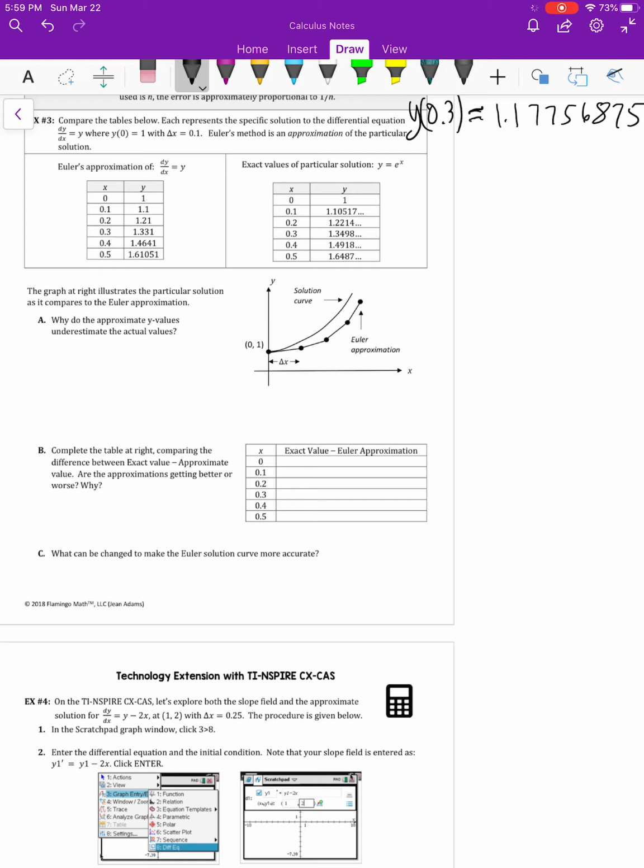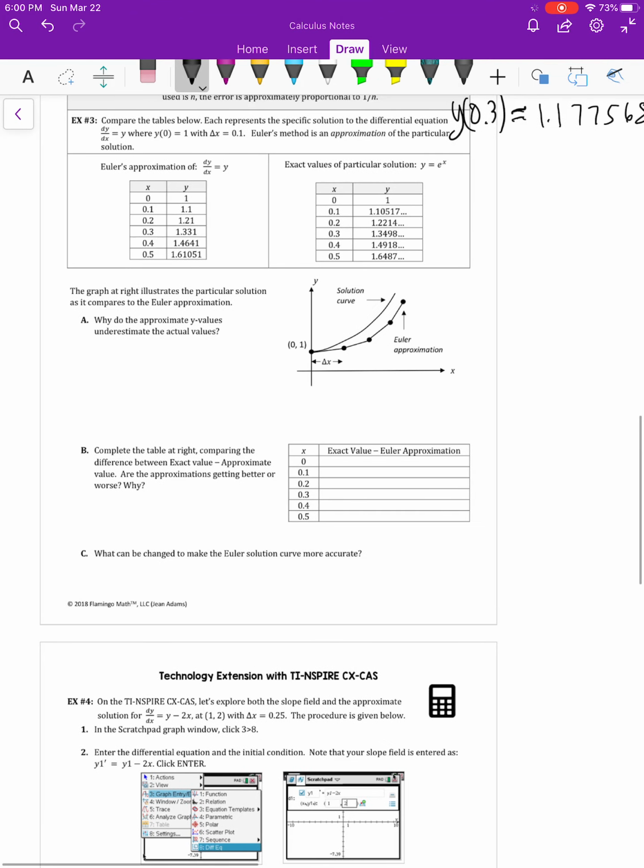For part A, it says the graph at the right illustrates the particular solution as it compares to the Euler approximation. Why do the approximate values underestimate the actual values? Hopefully you're thinking about that, and I think you probably all know the answer. We've done this before.